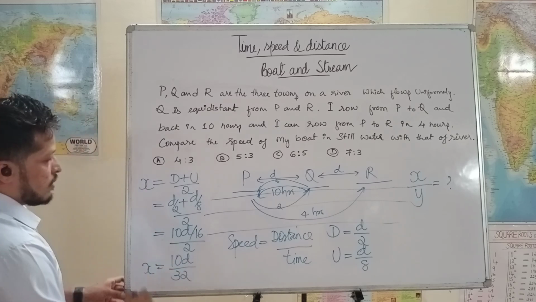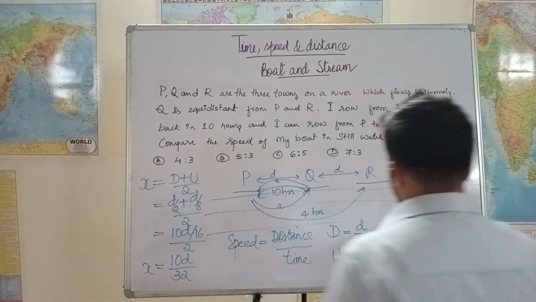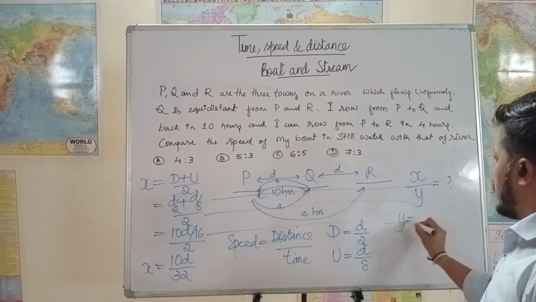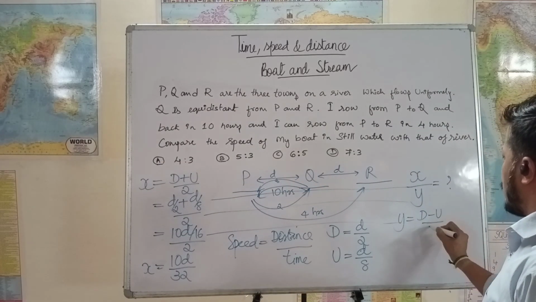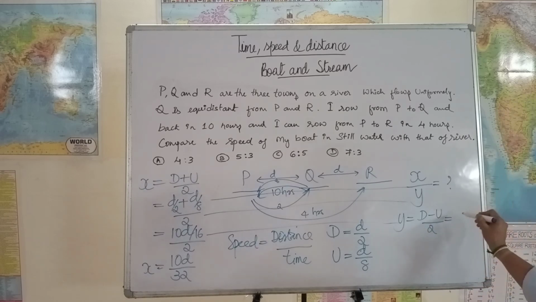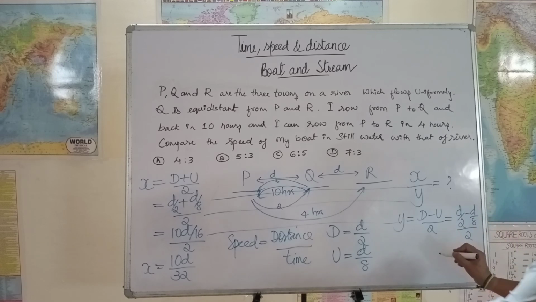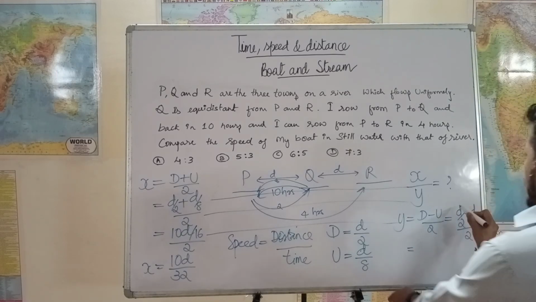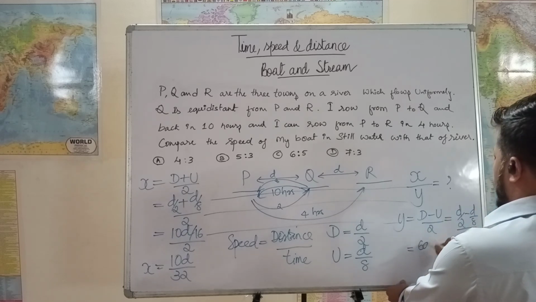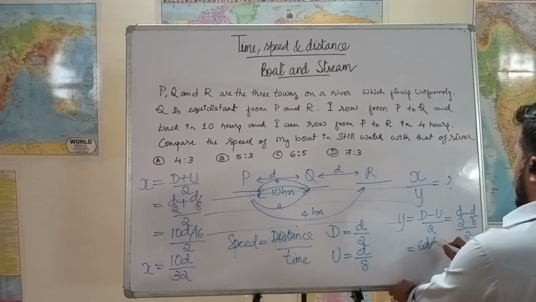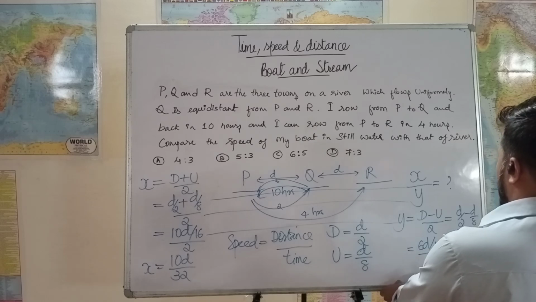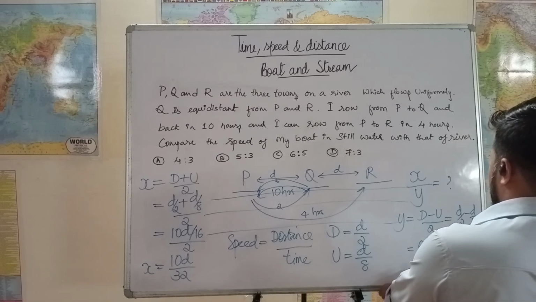Now similarly, let's find y. y is equal to (d minus u) by 2, which is (d by 2 minus d by 8) divided by 2, which is equal to 8d minus 2d is 6d, 6d by 8 into 2 is 16, divided by 2, which is equal to 6d by 32.